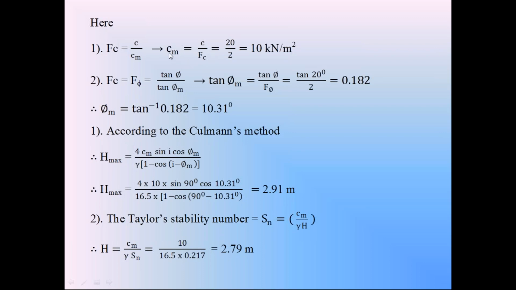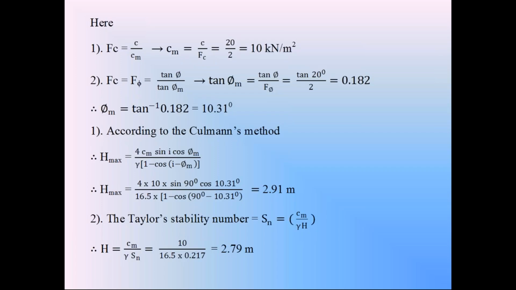You will get this mobilized cohesion Cm value. This is the determination of Cm. Most of you are having doubts in the theory on how to find Cm and phi m in side slopes, so I selected this problem to clarify your doubts.